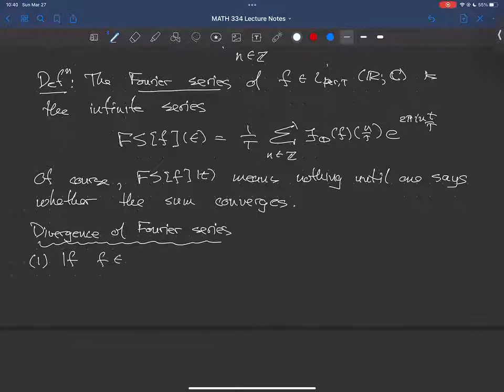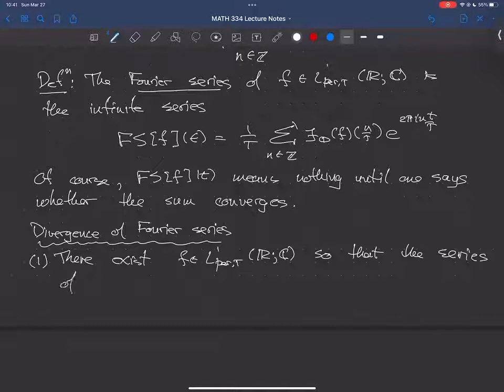So there exists f in L1 per T such that the sequence of partial sums, and one of the other confusing things here that you have to contend with is this isn't just a sum like you're used to seeing in your first course on infinite series where things go from 1 to infinity.